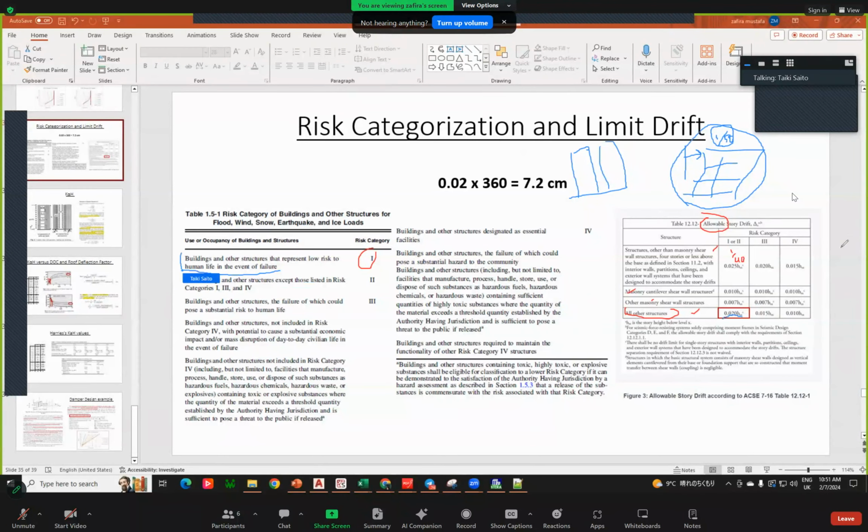This is like a temporary house or a very lightweight building. So our building is probably in category 2: buildings and other structures, the failure of which could pose a substantial risk to human life. Maybe 3.